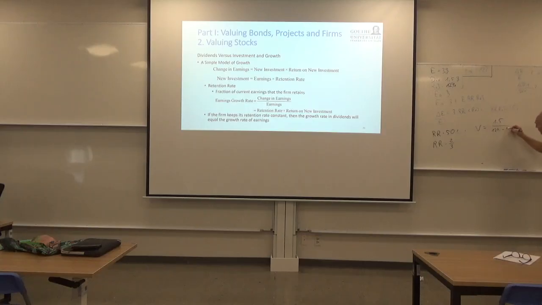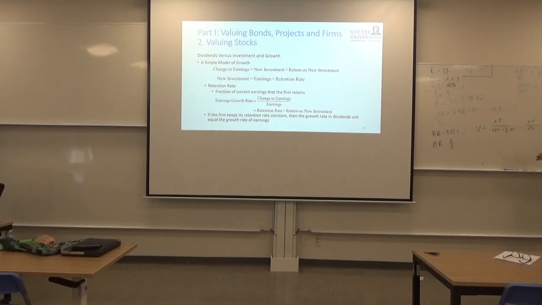So this is 50%, 1/2 times return on investment, 12%, and we end up with 1.5 divided by 6%. And this, if I remember correctly, was $25.